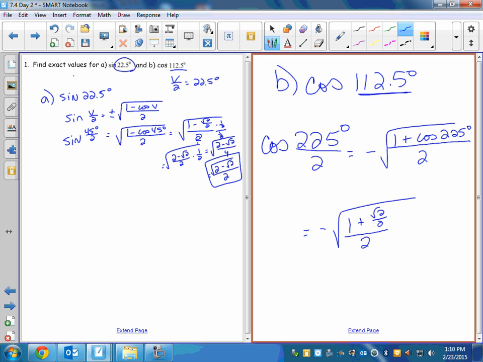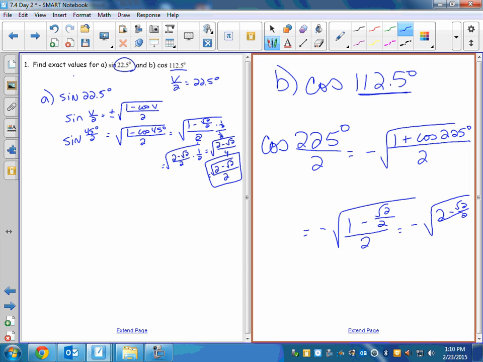Negative, should that be negative square root of 2 over 2? So I'm going to change that to minus square root of 2 over 2. Which means it's going to be the exact same answer except for a negative out front. Do you agree with that? So I could say 2 minus square root of 2 over 2.